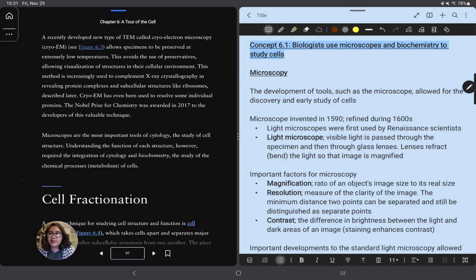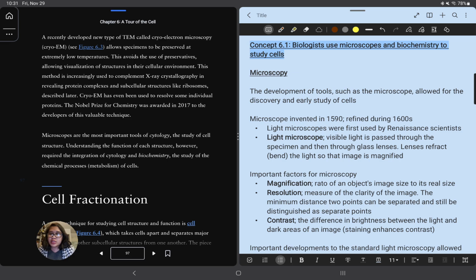A recently developed new type of transmission electron microscopy called cryoelectron microscopy, cryoEM, allows specimens to be preserved at extremely low temperatures. This avoids the use of preservatives, allowing visualization of structures in their cellular environment.